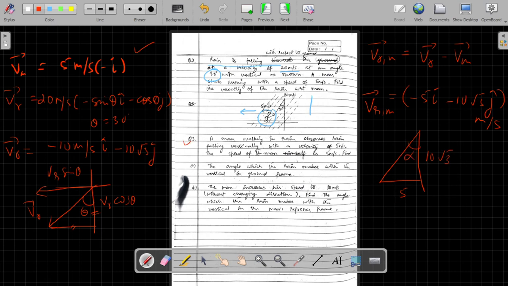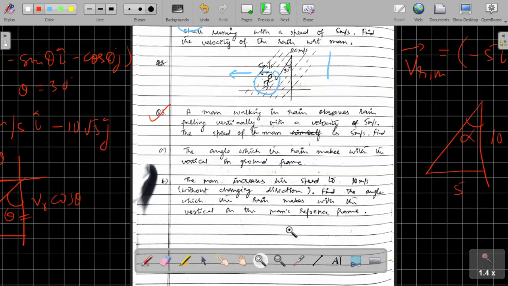Next, let us proceed to the next question, that is question number 3. A man is walking in rain and observes rain falling vertically with a velocity of 5 meter per second. The rain is falling vertically with respect to the man, with a speed of 5 meter per second.